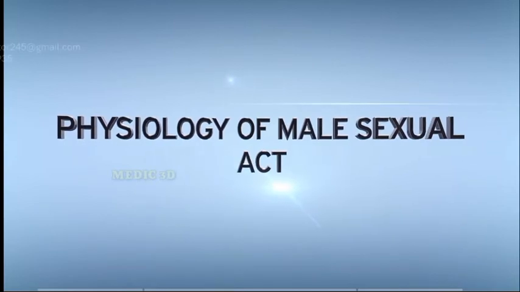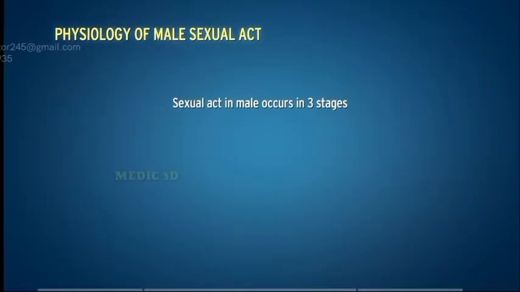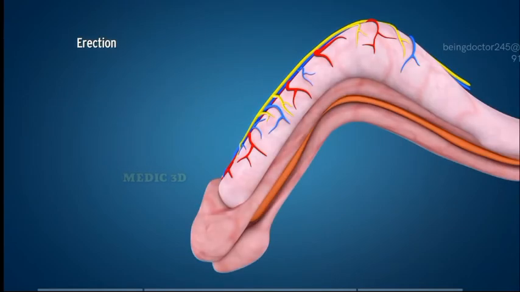Physiology of male sexual act. The sexual act in male occurs in 3 stages, which are as follows: erection, emission, ejaculation. Erection.